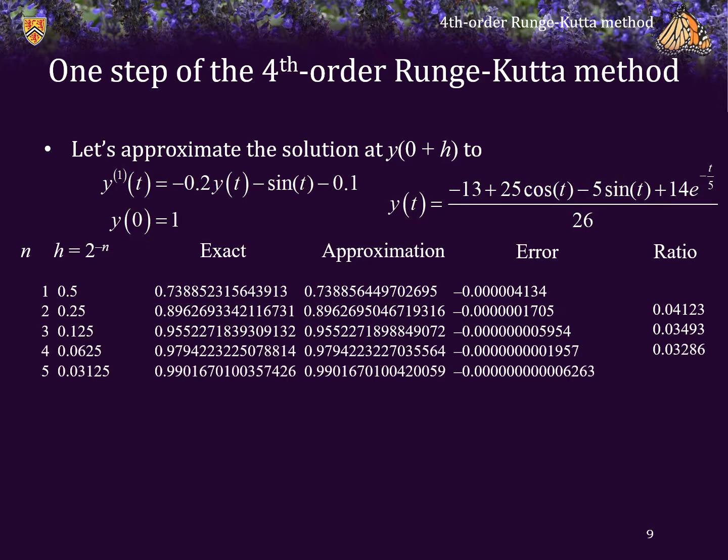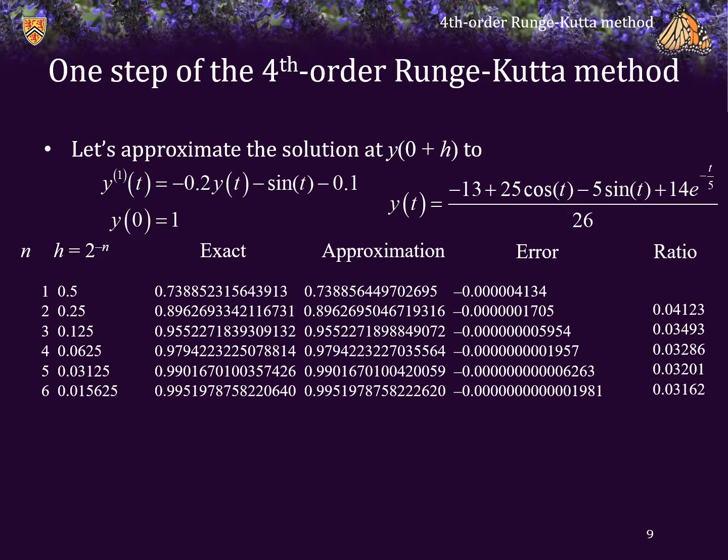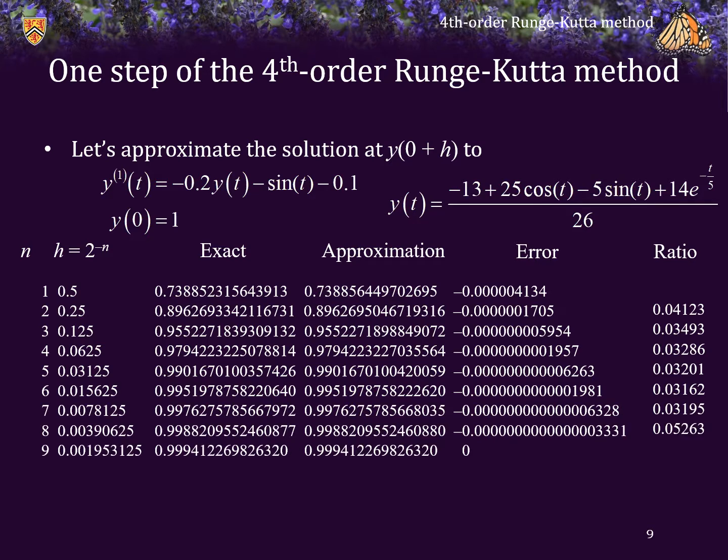As we carry on, note that the error is dropping very quickly, each time with approximately a ratio of 1 over 32. And finally, with h is equal to 2 to the negative 9, there's zero error. The approximation is exact to the accuracy of a double precision floating point number. So the ratio is 0. So we'll end there.